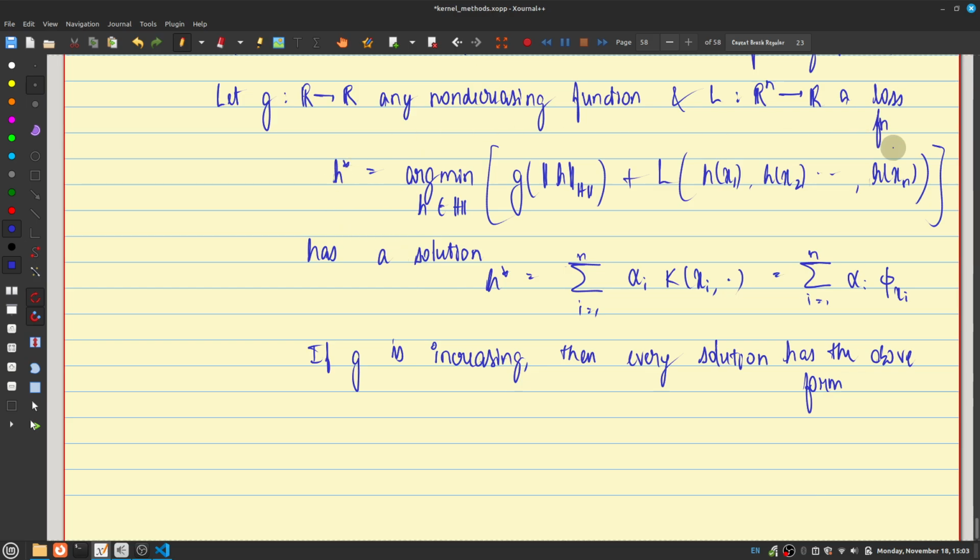So this is a very general optimization problem. One of the solutions can be expressed as a linear combination of the phi xi's. If G is strictly increasing, then every solution will be a linear combination of the phi xi's.